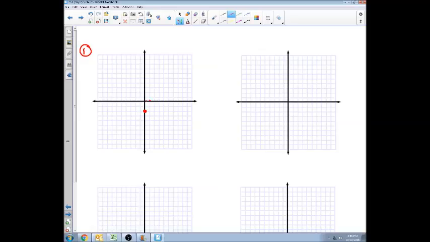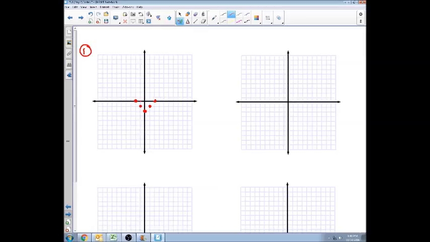Then we had 1, -1. Then we had 2, 0. So that's the right leg of our absolute value graph. The left leg, I would have -1, -1, and -2, 0. Okay?